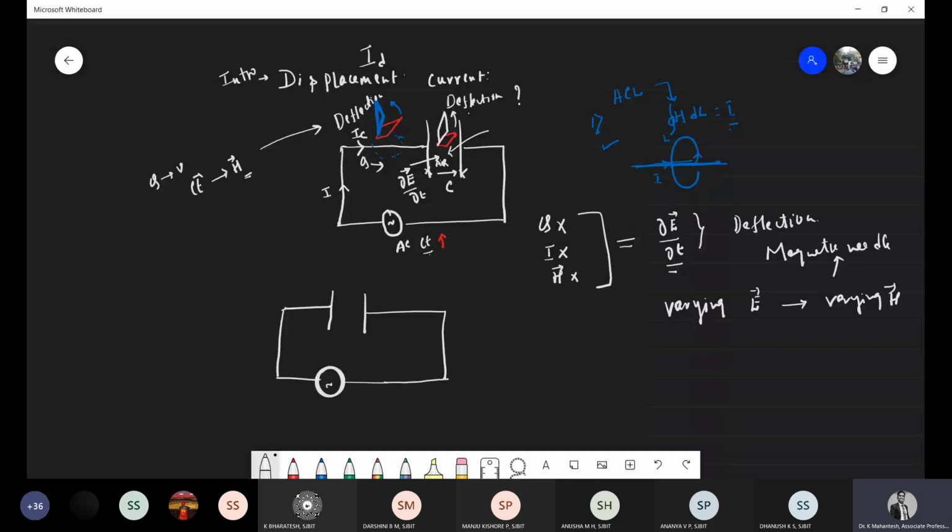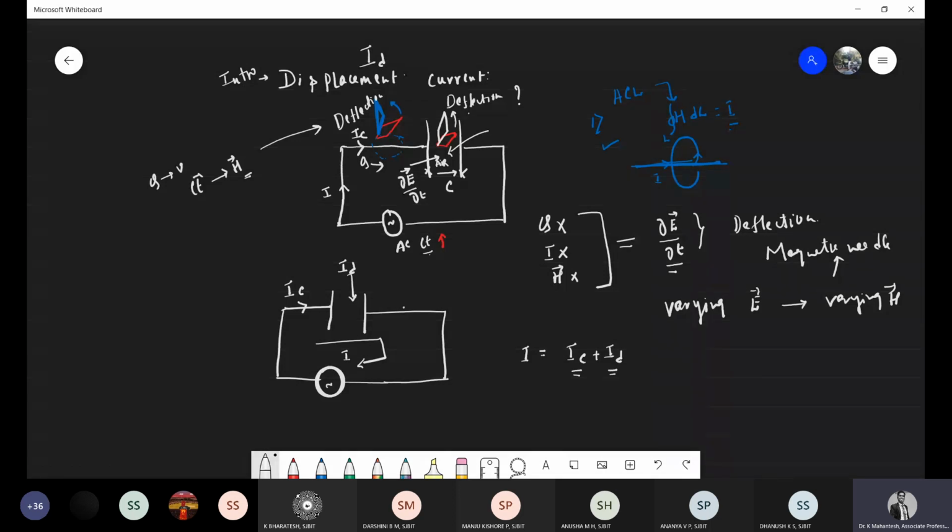I repeat, if I call this current IC and this current ID, can I call the total current I in a given capacitive circuit equal to what? IC plus ID. That means the total current I is equal to the conduction current plus the displacement current.